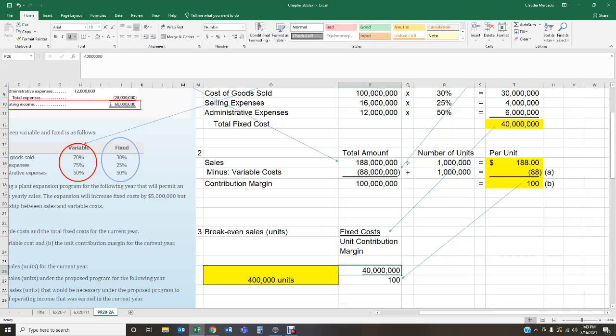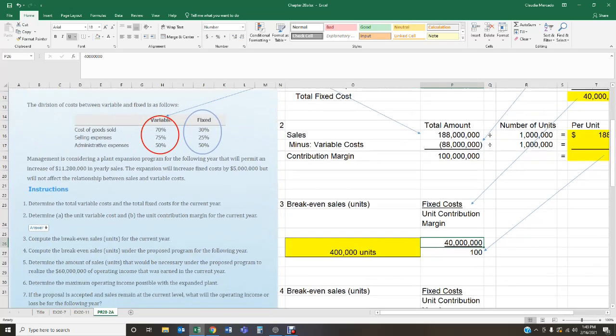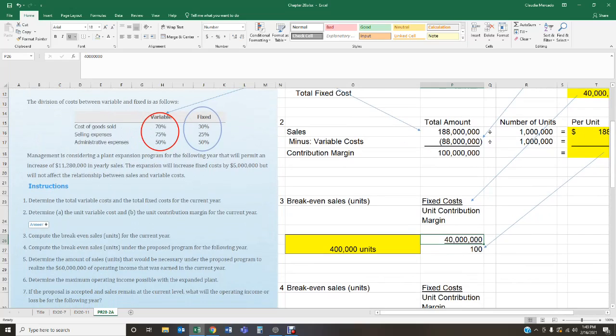Okay. Requirement 4. Compute the break-even sales units under the proposed program for the following year. So this proposed program is telling us that it would allow an increase of 11,280,000 in yearly sales, but it comes at a price of 5 million fixed cost.